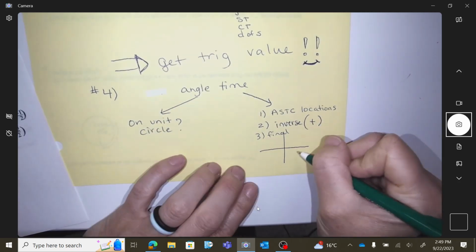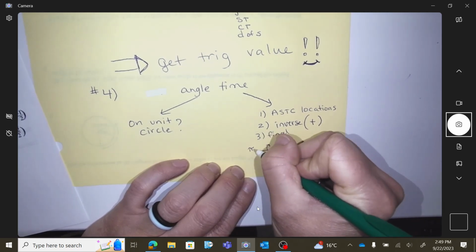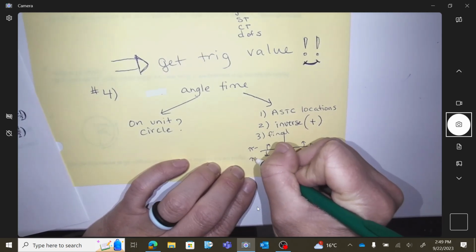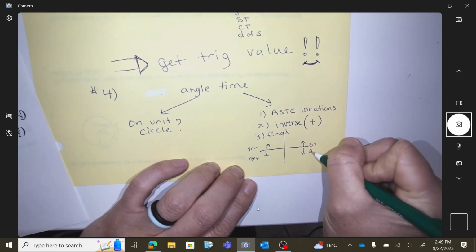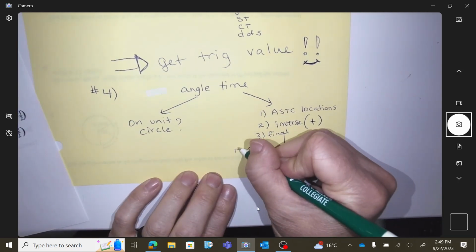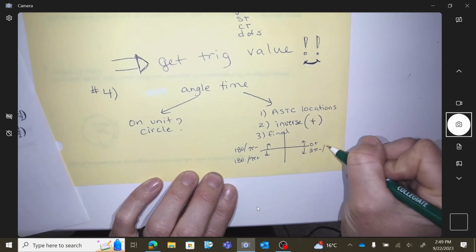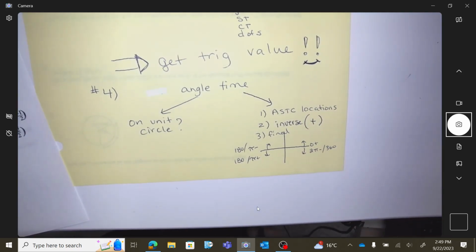And then your final is always things like 0 plus, pi minus, pi plus, 2 pi minus, or 180, whatever you're working in. So that's kind of how you do your final. Can you handle all those steps? That's everything you're going through every time. Checklist. Do I have this, this, this, this?